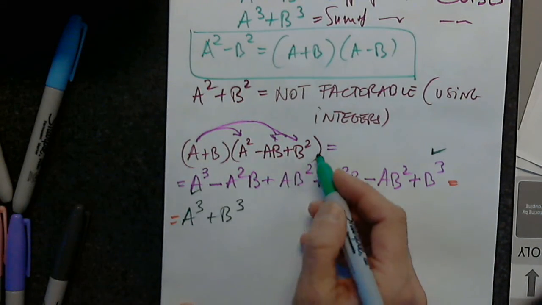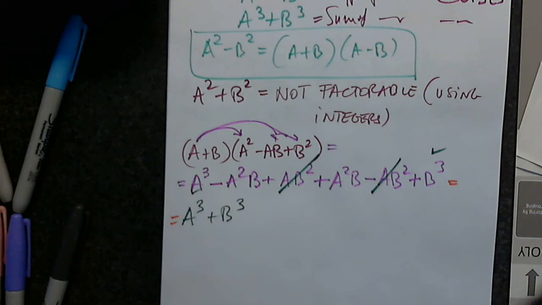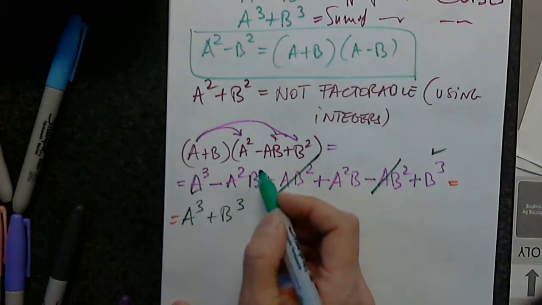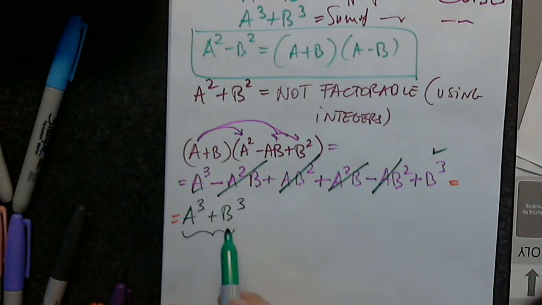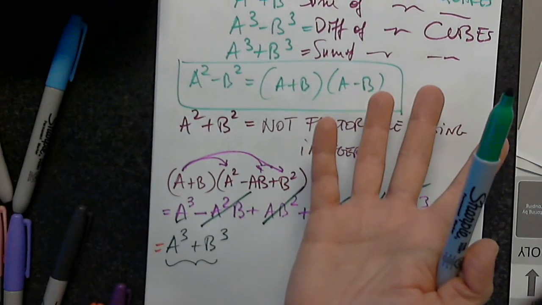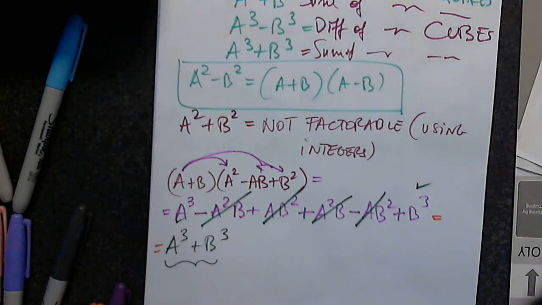You can just cross those out. And then negative A squared B plus A squared B would negate each other too. So that means you're left with A cubed plus B cubed. How do we call this? Sum of perfect cubes. You already told me what it is.